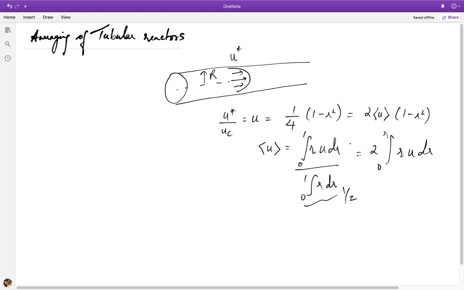Okay, so this is the flow field, and again U characteristic here is G r square by mu, where r is the radius.